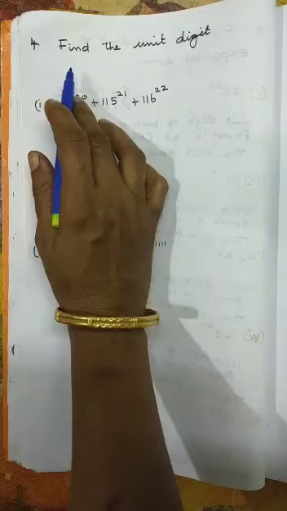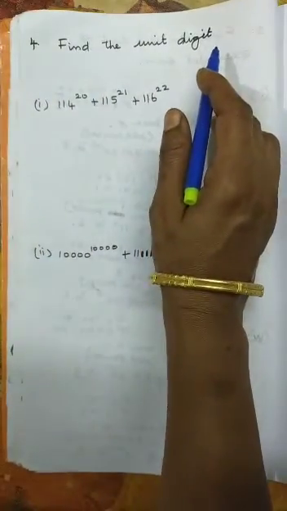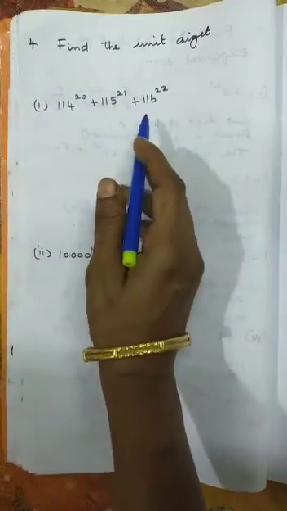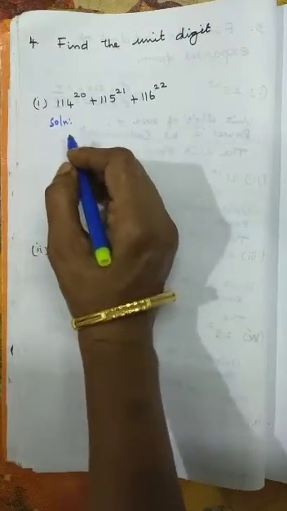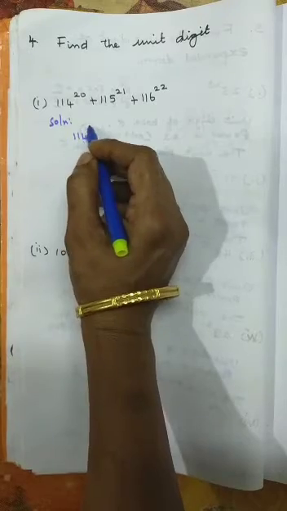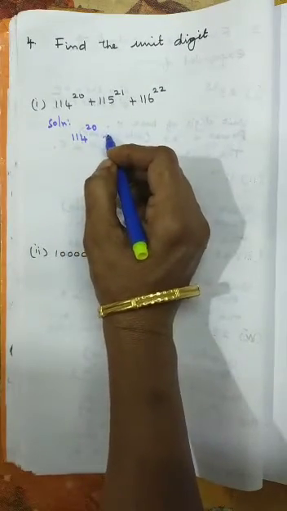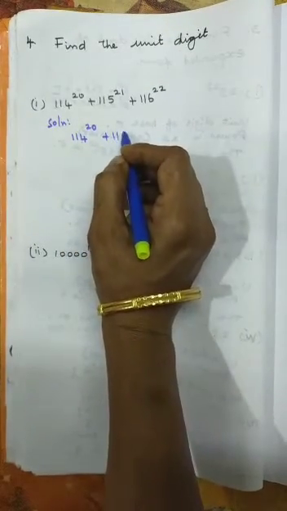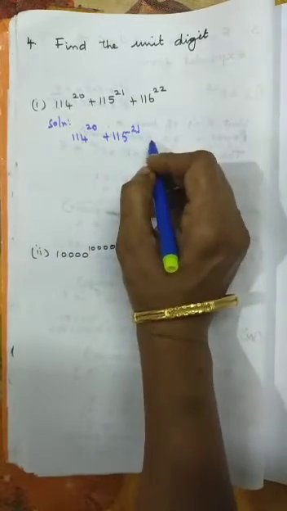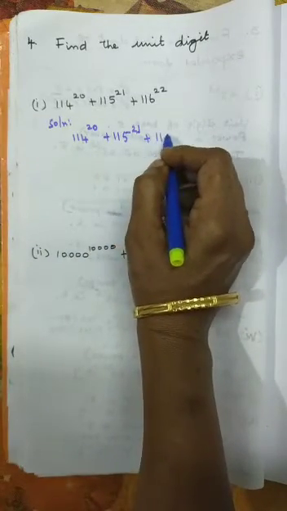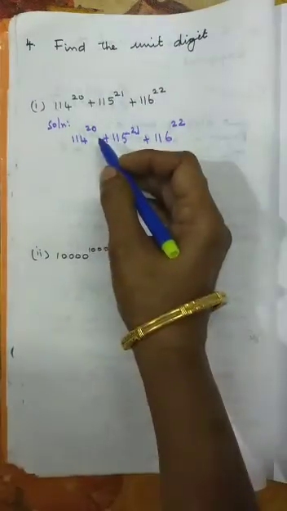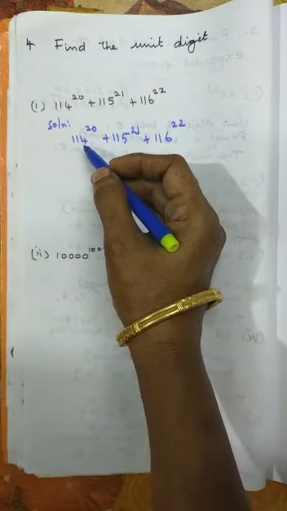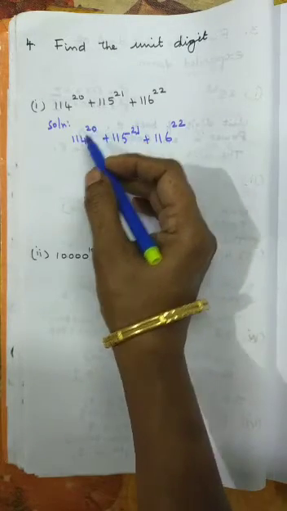Fourth problem, find the unit digit. Here you have to find the unit digit. Solution. The question is 114 power 20 plus 115 power 21 plus 116 power 22. See the powers and the units place. Here the units place is 4, isn't it? 4 power 20.